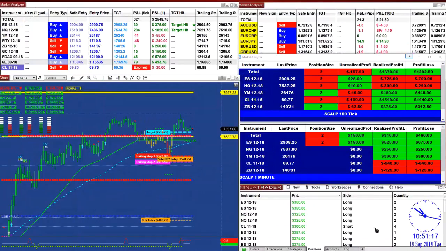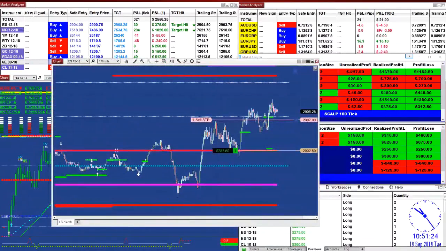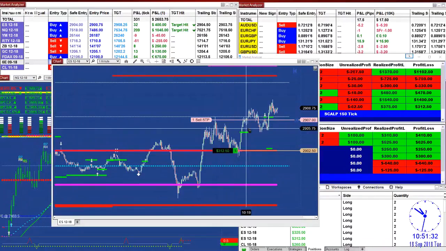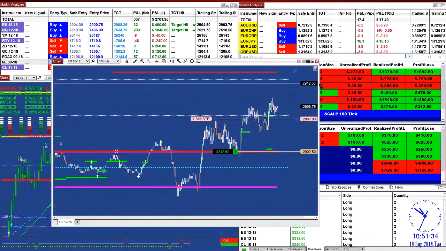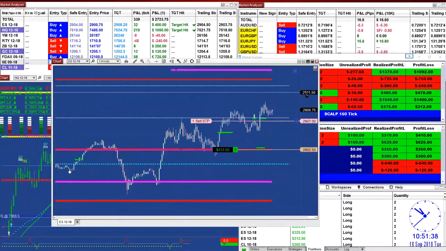I want to make sure, just for the ones that are taking these trades, follow me on the right path on this one here. You see how I moved my trailing stop from one to another and keep hiding. If I'm right on that trade, I need to get paid.